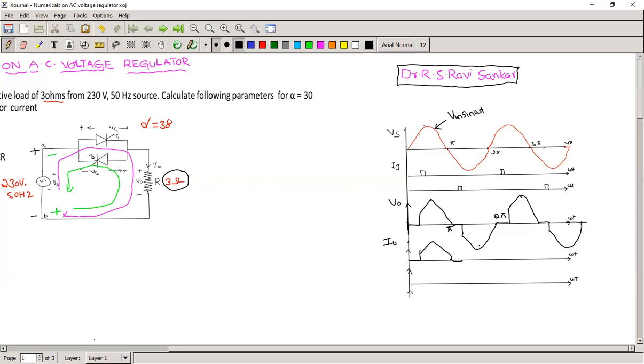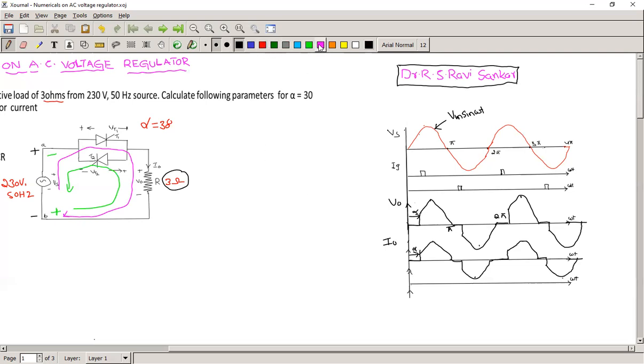On the negative side we get the same waveform, but the magnitude will be less. This angle is nothing but alpha.